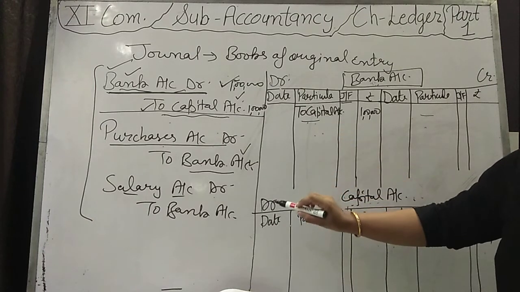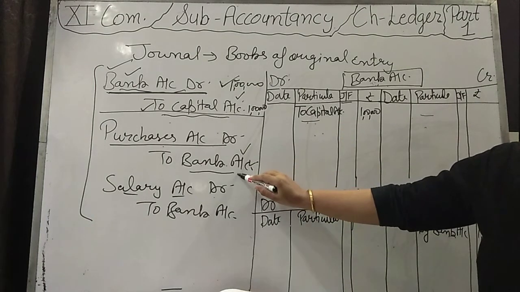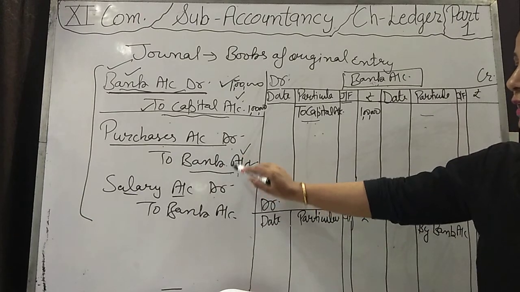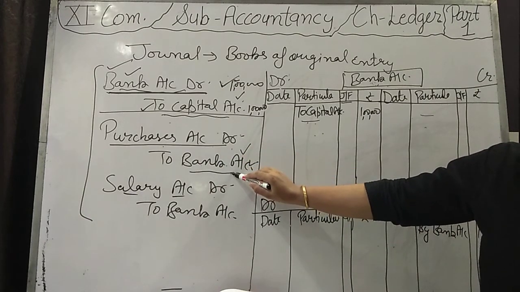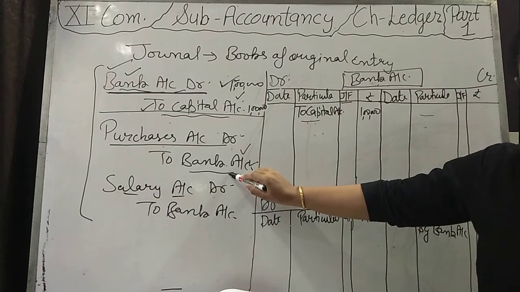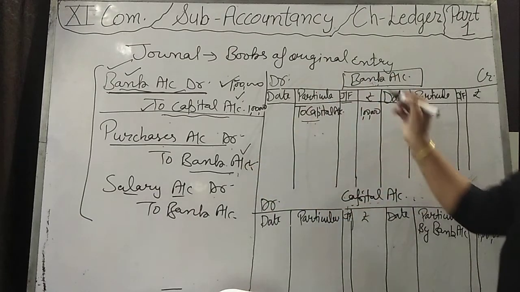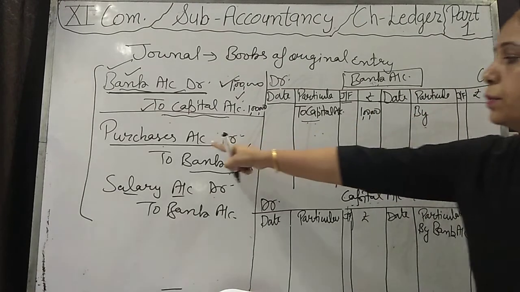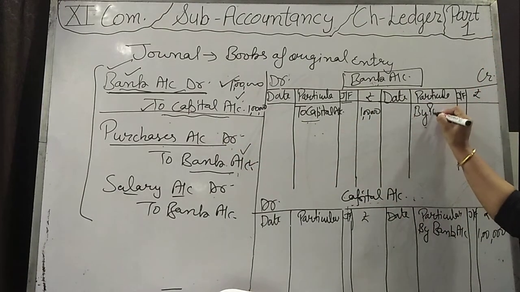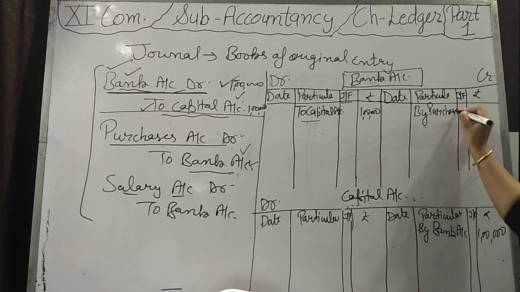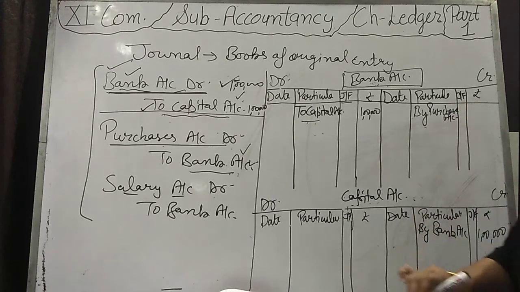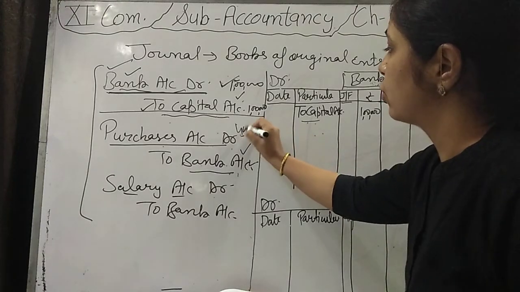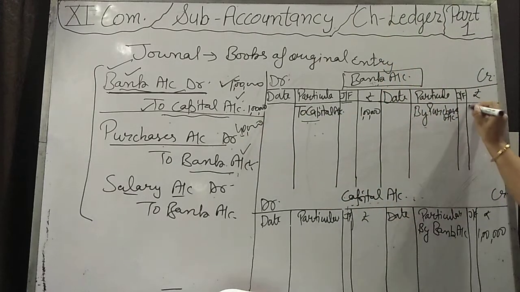If in any journal entry bank account is credit, like in the second journal entry, purchases account debit to bank, here bank account is credit. So on the credit side we will write by purchases account. Like amount is 40,000, then in the amount column we will write 40,000.